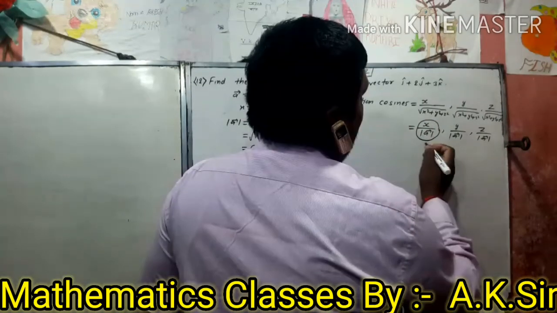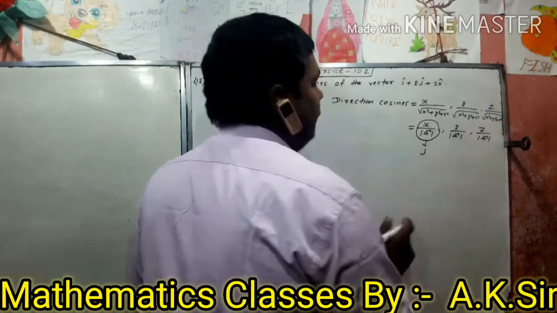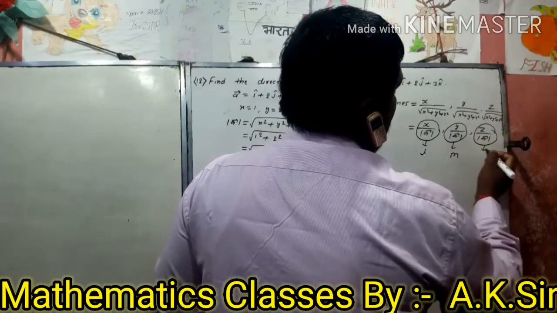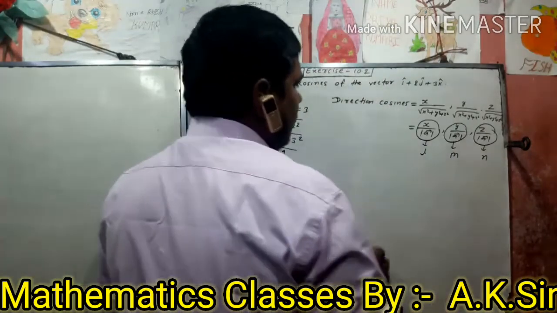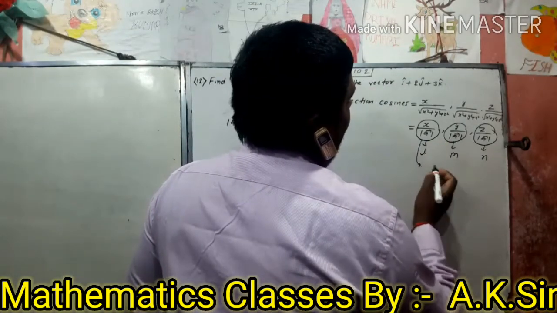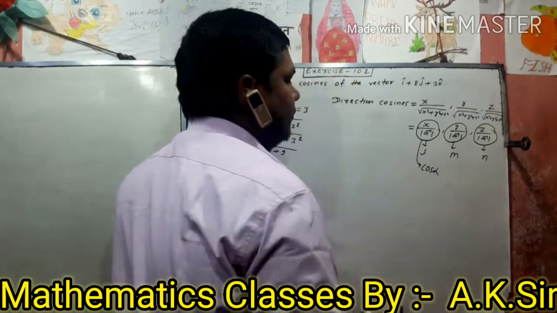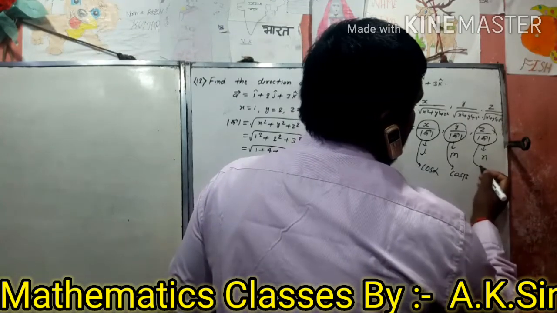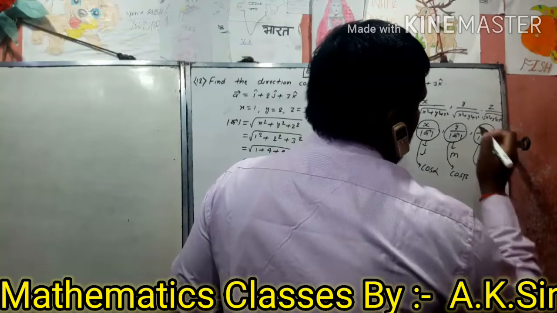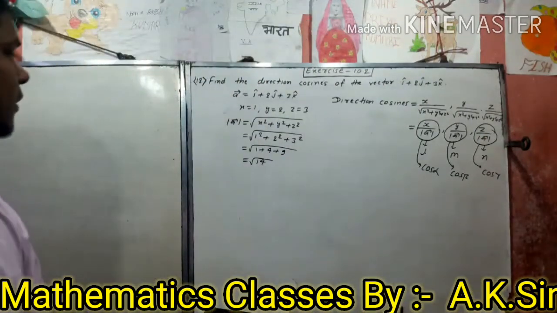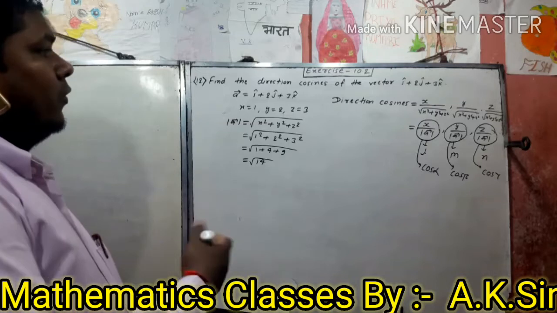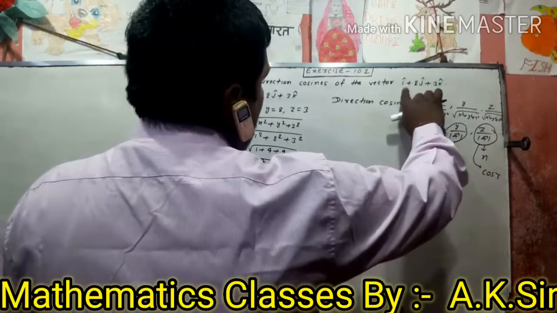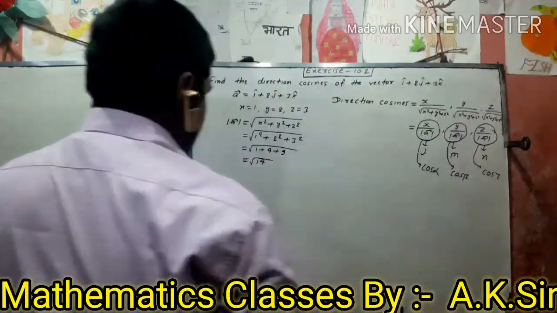It is also called l, m, n. It is also written as cos alpha, cos beta, cos gamma. Now we can find the direction cosines of the vector i cap plus 2j cap plus 3k cap.